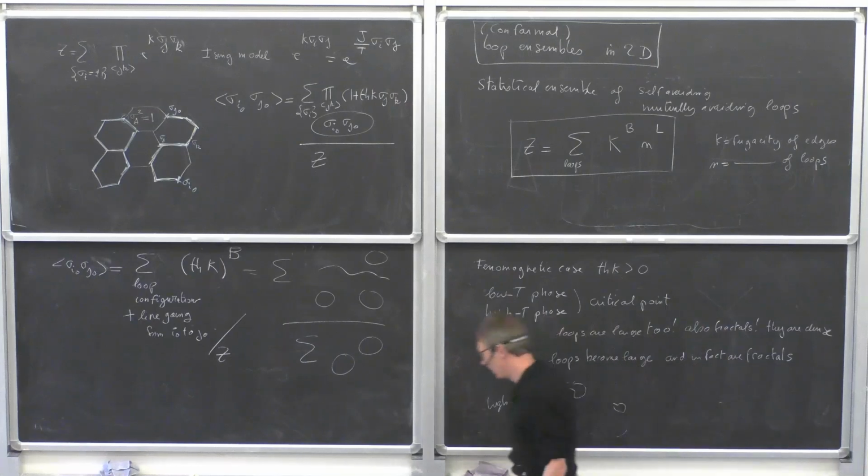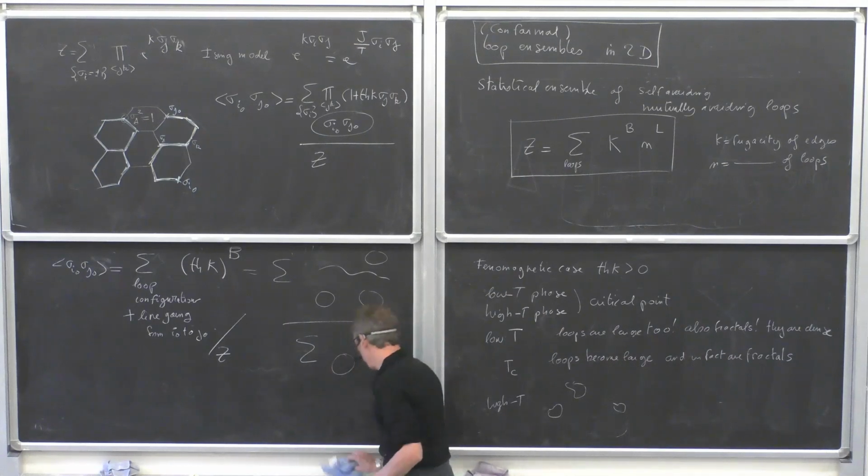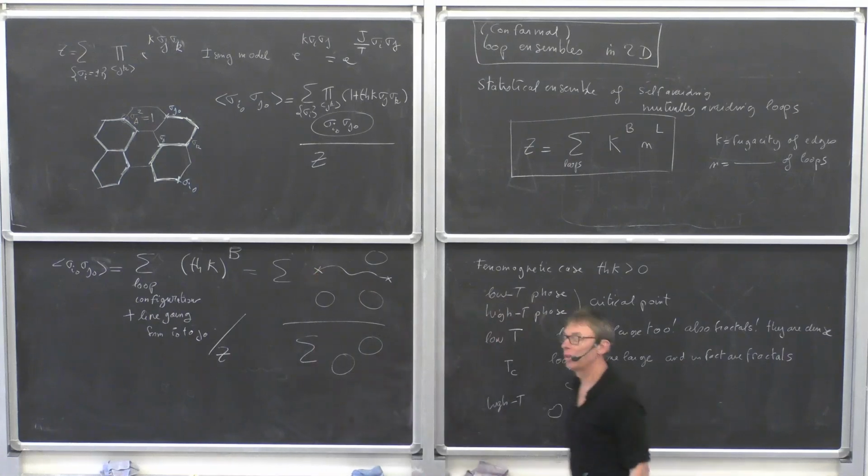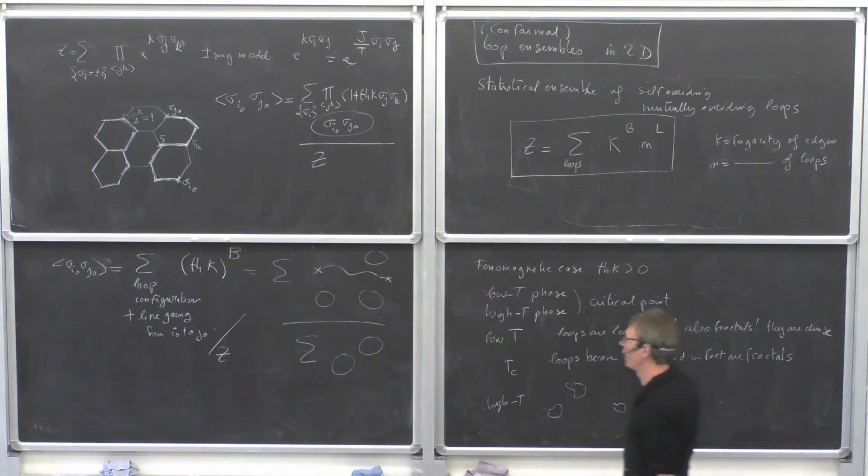So we have now an ensemble where on top of the loops we have a line connecting the sites i0 and j0.